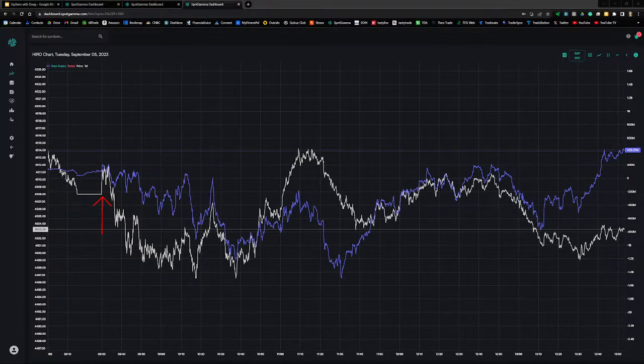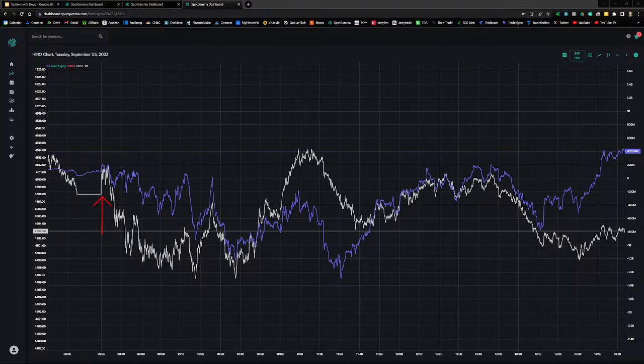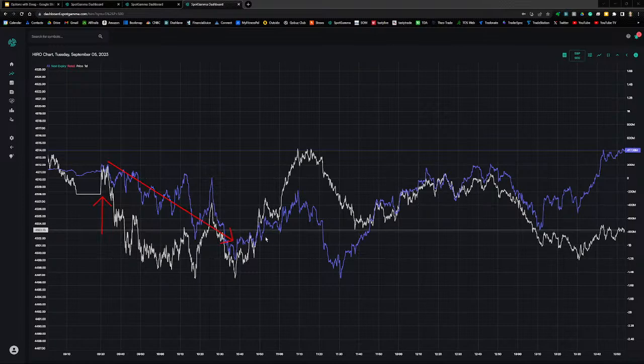At what options traders consider to be a high price, they are taking negative delta positions, fading that move higher, and then as price moves lower, they are fading the move again and start to take positive delta positions. So that led to multiple setups here.